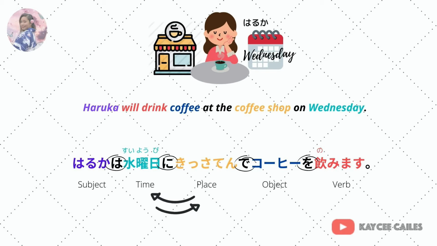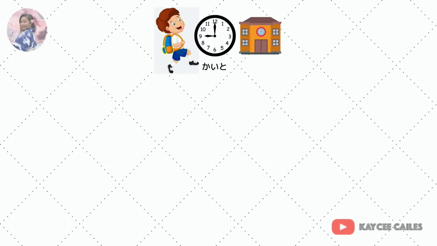Kindly take note that Japanese sentences are fairly flexible in the arrangement of elements that appear in them. So for this example, we can exchange the order of time and place, but remember to put the correct particle on it. For the next illustrations, we will try to construct the sentence in Japanese first, and then we will translate in English.